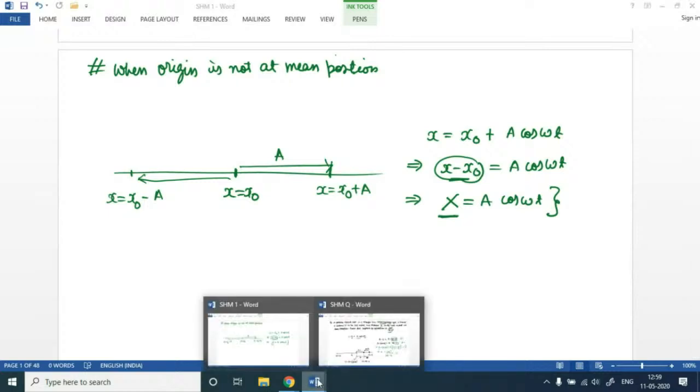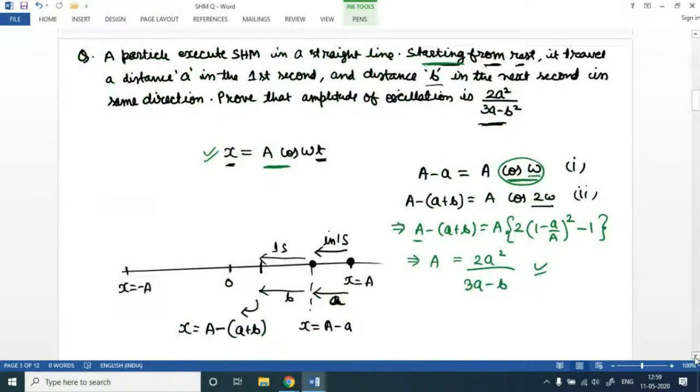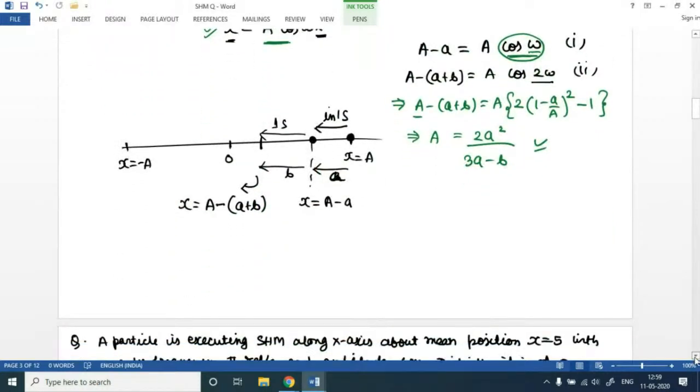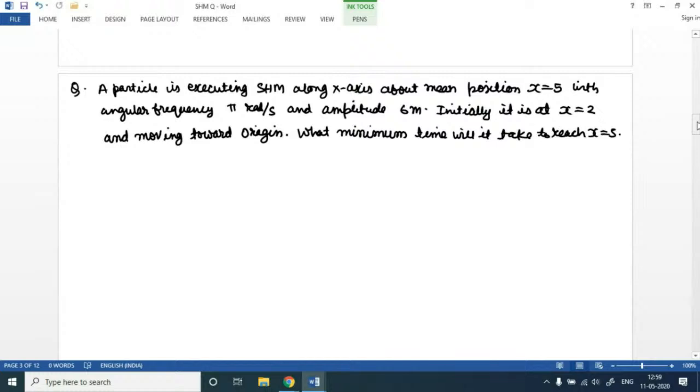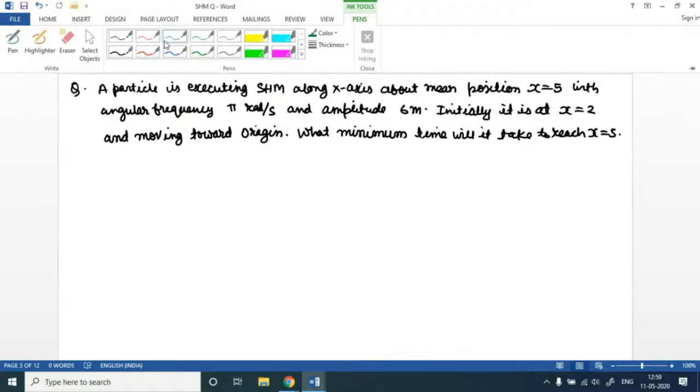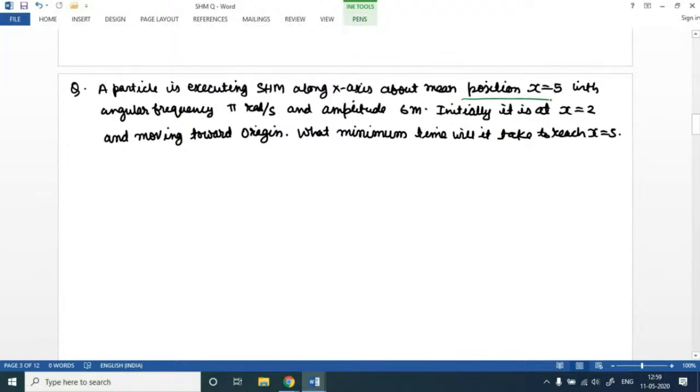Okay, so let's have a very simple question regarding this. So this is the question. You can see that a particle is executing SHM along the x-axis about a mean position. This time I have taken some other mean position, X is equal to 5, with angular frequency pi radian per second and amplitude 6 meter.